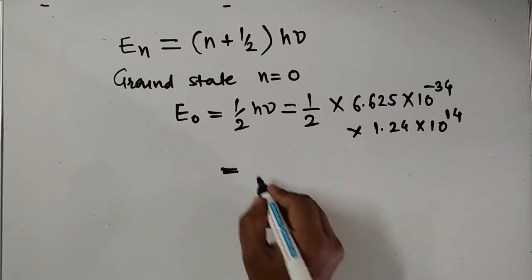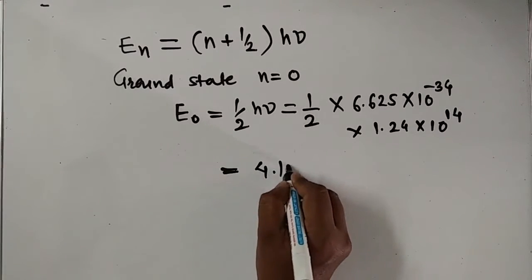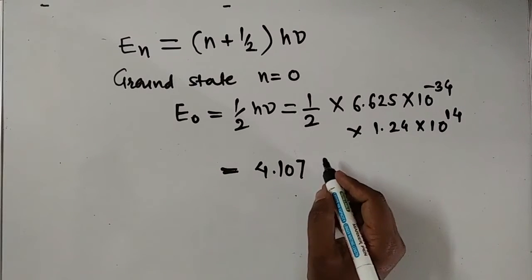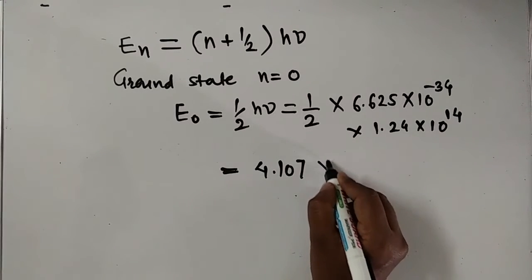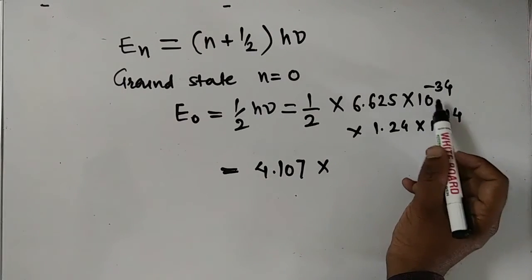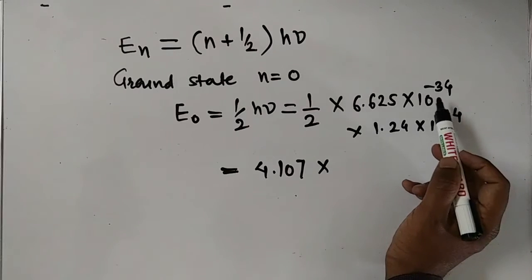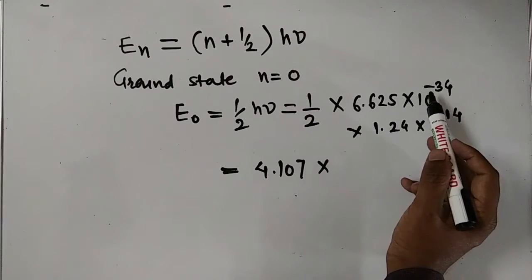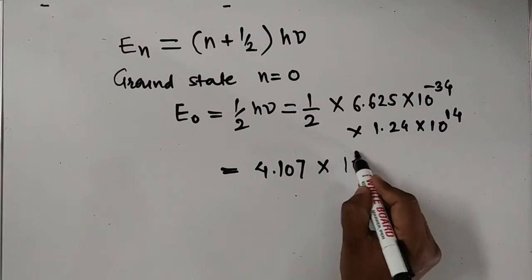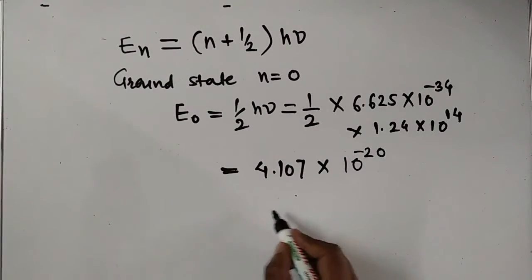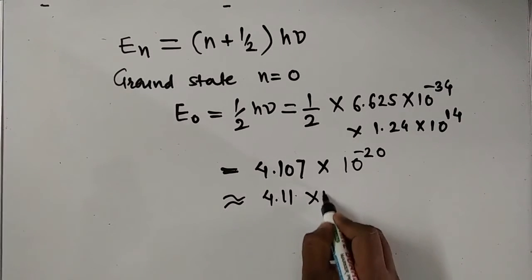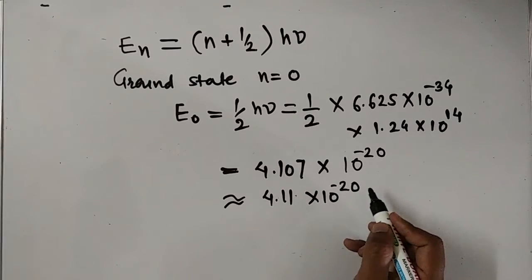So that number comes out to be 4.107, right? So 4.107 into what we have is 10 raised to minus 34 into 10 raised to 14. So minus 34 plus 14, so that number comes out to be 10 raised to minus 20, right? So we can write, so it is nearly equal to 4.11 into 10 raised to minus 20, right?